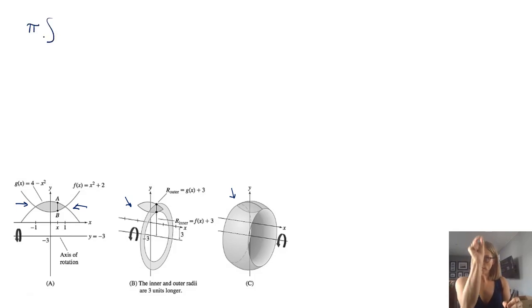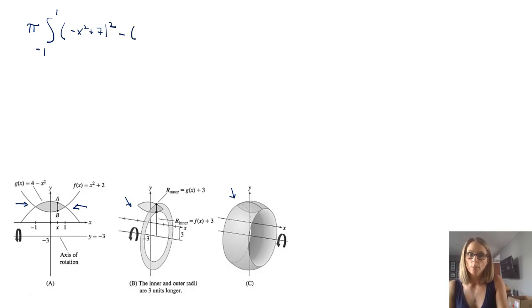These are vertical slices, so -1 to 1. And then we have our -x² plus 7 squared, so that's the pi r squared for the outer, minus the pi r squared for the inner, x² plus 5 squared, and we are doing dx.